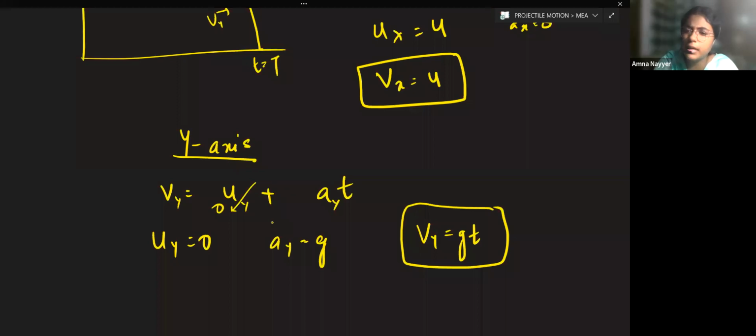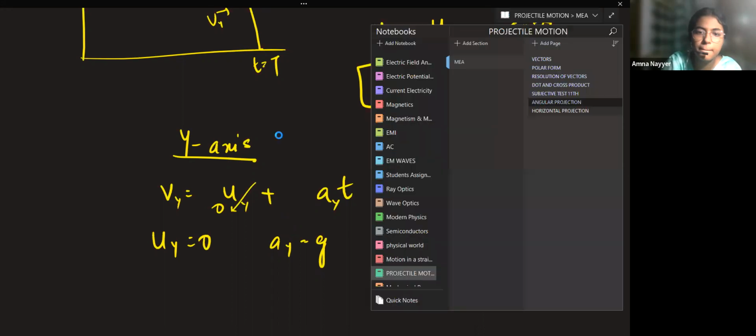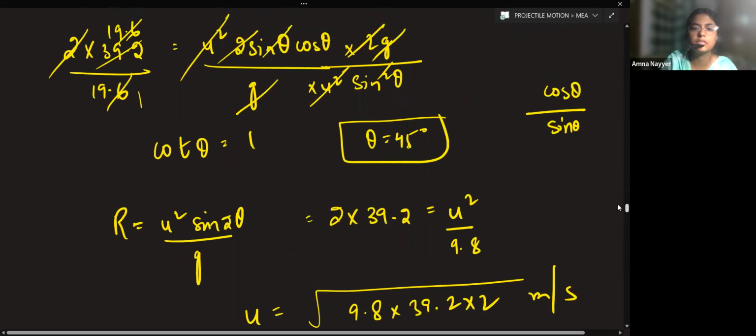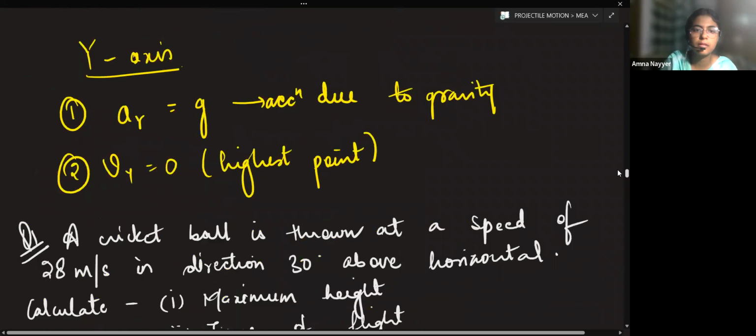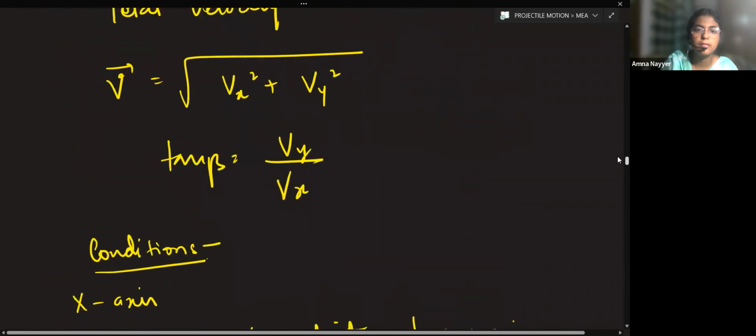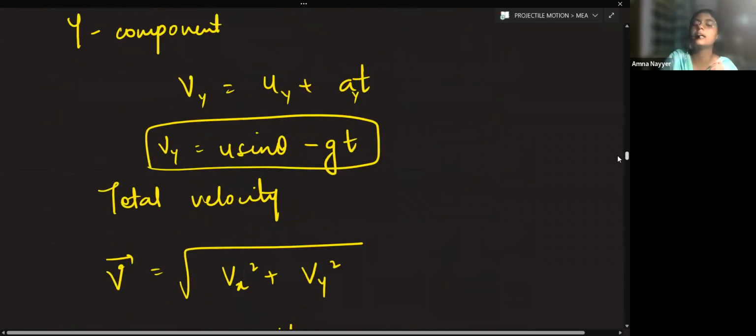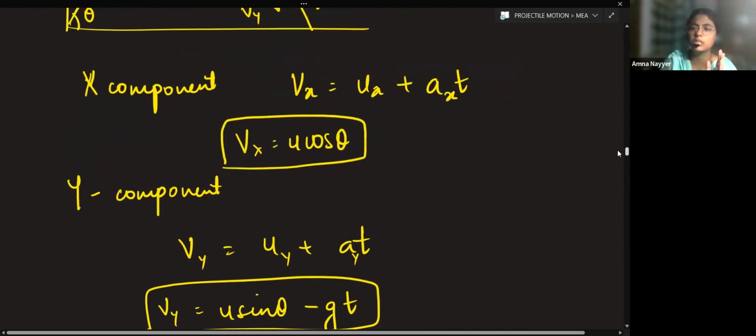The formula for velocity: u sine theta minus gt, and this was u cos theta.